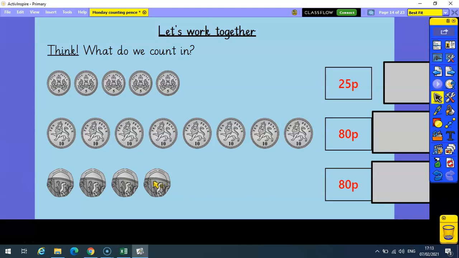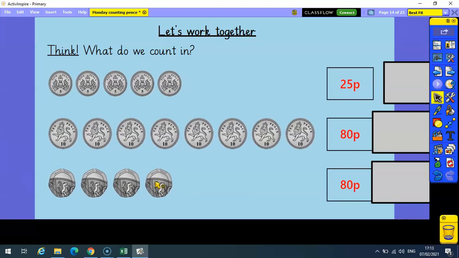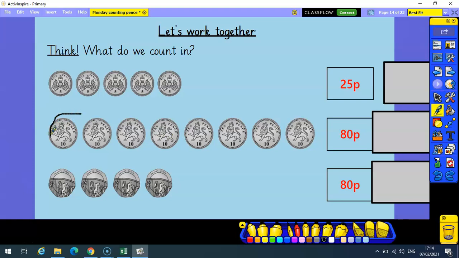It's because these coins are worth 2 of these coins. So for every 2 10 pences, it has the same value as a 20p. It's the same, it's equal.